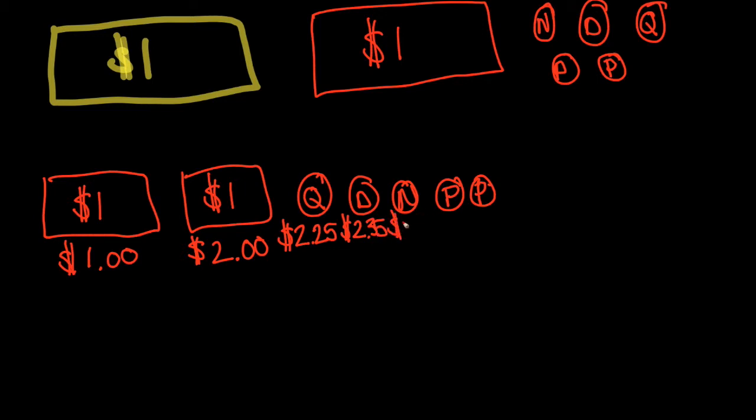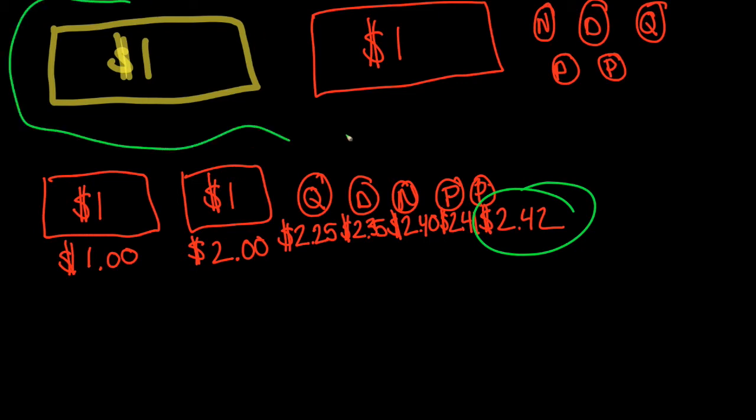Now I've got $2.40. Now I've got $2.41 and $2.42. Well, so my total then is $2.42. So that is what this total adds up to be.